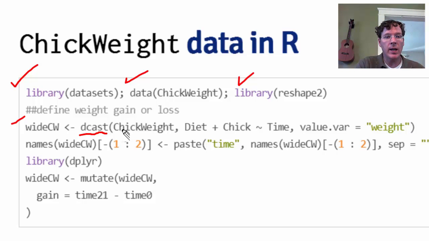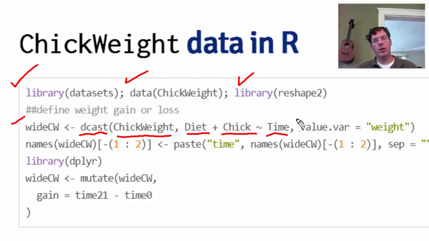So we want to dcast this ChickWeight data frame, where the variables diet and chick stay the same, and the time variable is the one that gets converted from a long format to a wide format.